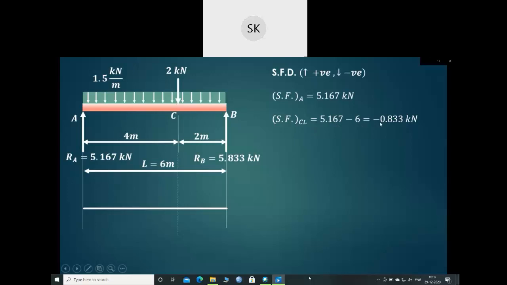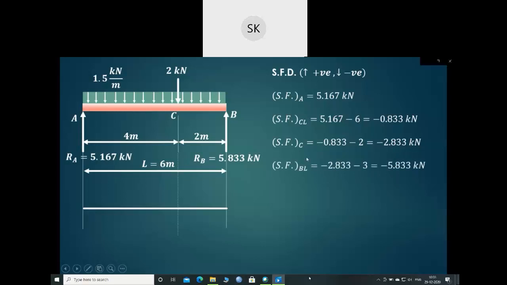So that will be minus 0.833 kilonewton. Then shear force exactly at point C will be this minus 0.833, and this 2 kilonewton, which is acting in the downward direction, will get added. So it is minus 2.8333 kilonewton.